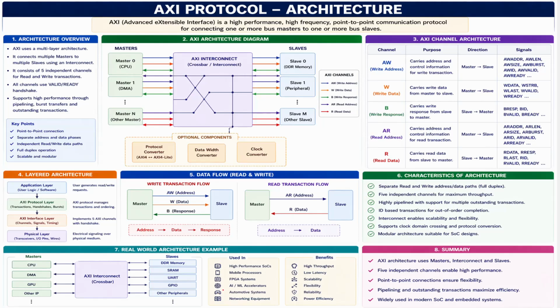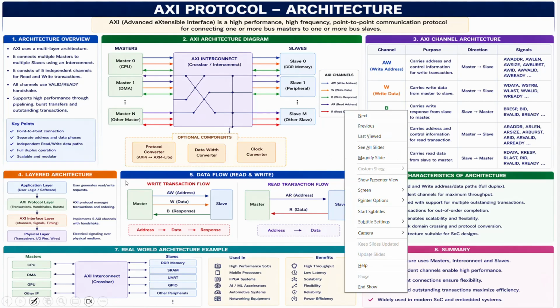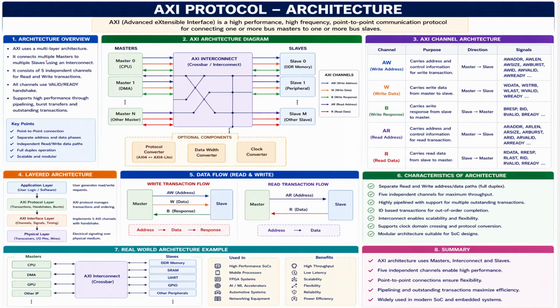So this is the AXI protocol architecture. Okay, in this architecture, AXI uses a multi-layer architecture, and it connects multiple masters to multiple slaves using an interconnect. See, master 0, master 1, master n masters are there. Using those n masters, we are connecting n number of slaves, slave 0, slave 1, slave n.